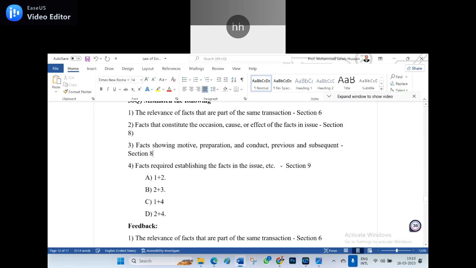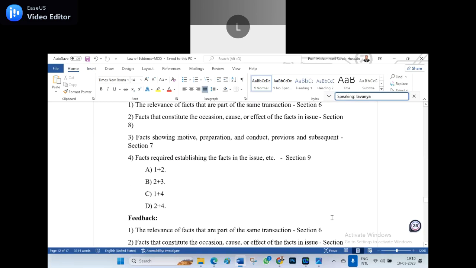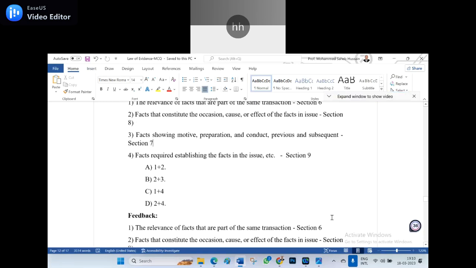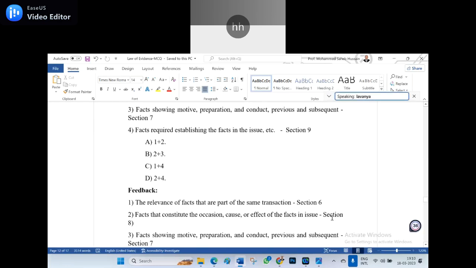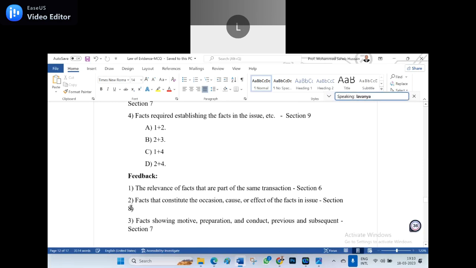Now you tell me. You should change, yes, sir. Now you tell me. So option 2 is the mismatch, so option B is the right answer. See, I changed only 2, 3. Now it is right, sir. No, when I say 8, 7, here I should say 7, 8.